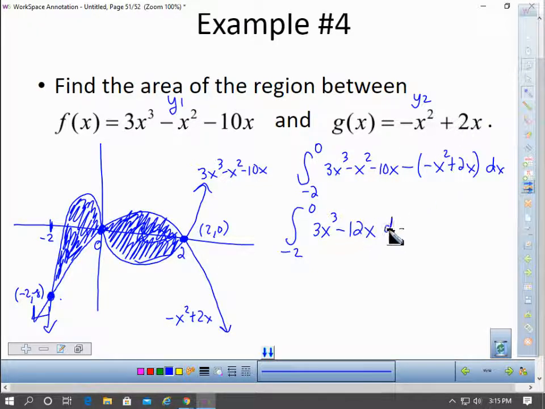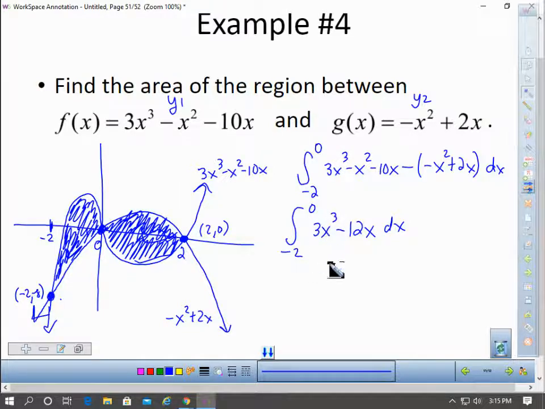So that's what it simplifies to be. All right, so I need to find that answer first, or partial. Then I'm also going to have to do the integral from 0 to 2. All right, so let's go ahead and do this one first.